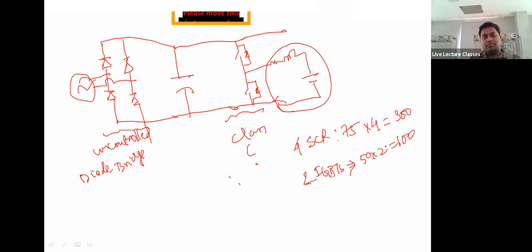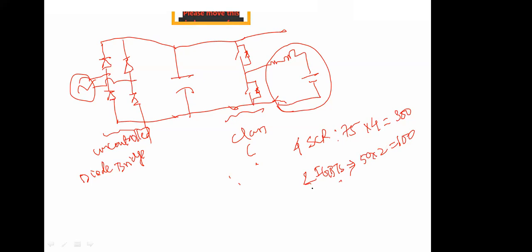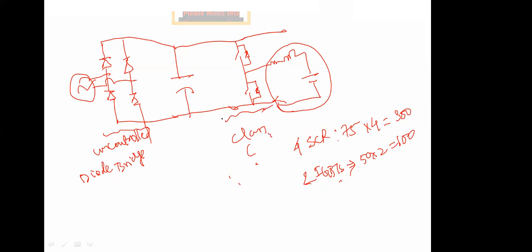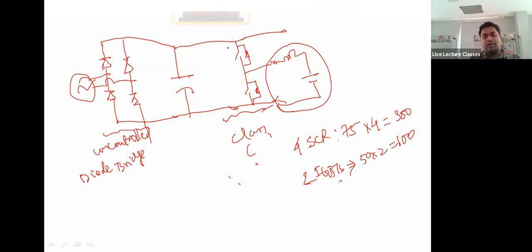Sir, but at the end it's uncontrolled, no? Why, sir, is it uncontrolled? This is controlled, because it is two quadrant control. You are controlling through the class C chopper, not from the diode side.